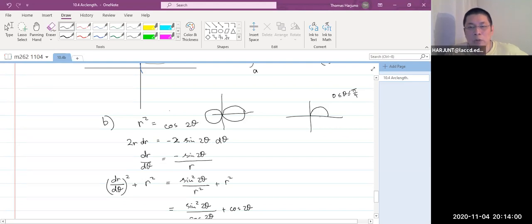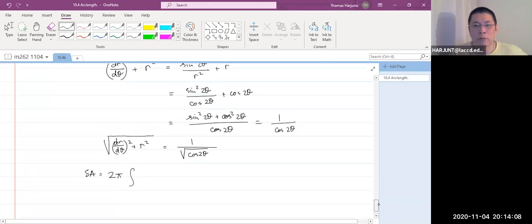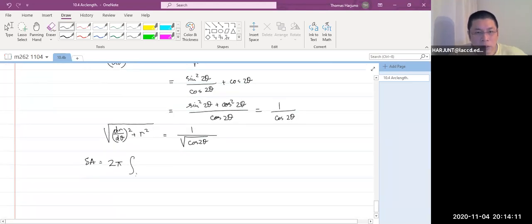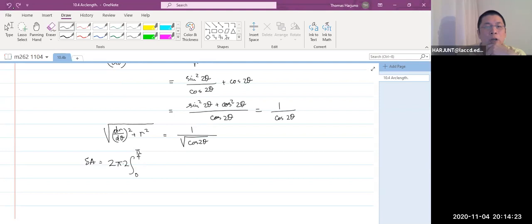So what will happen is if I rotate this and double it. 0 to pi over 4, and then I double it, the top and the bottom. 2 pi already out.